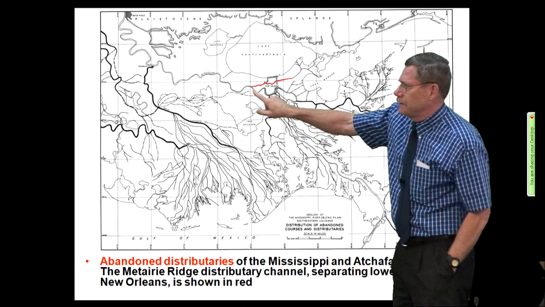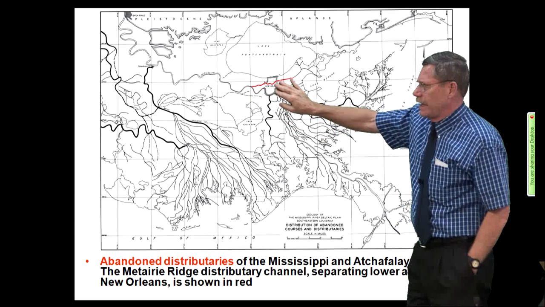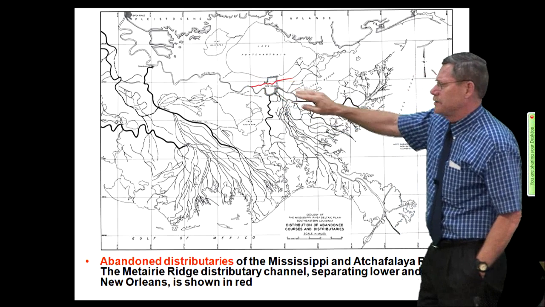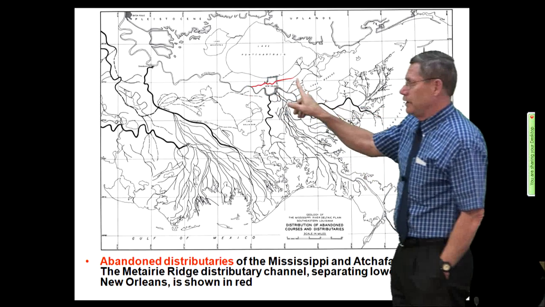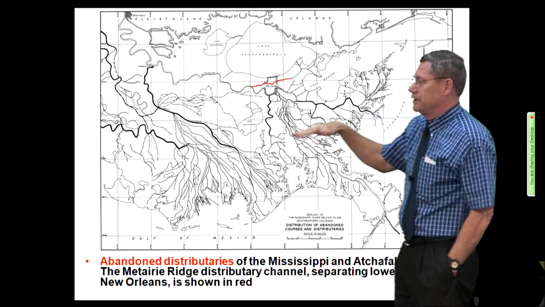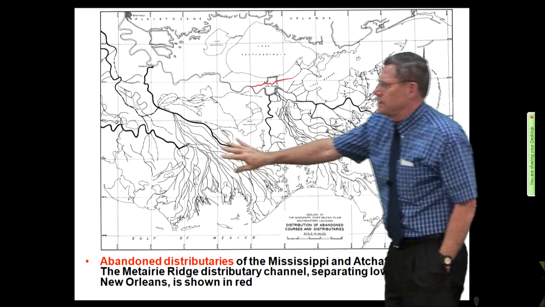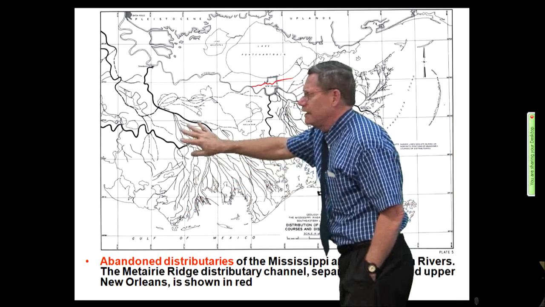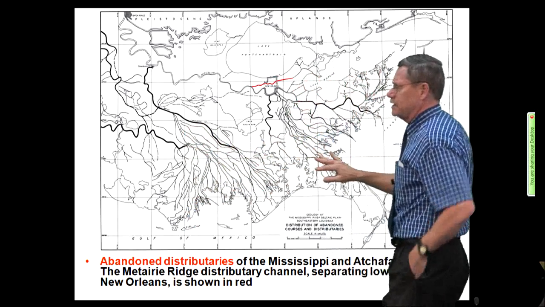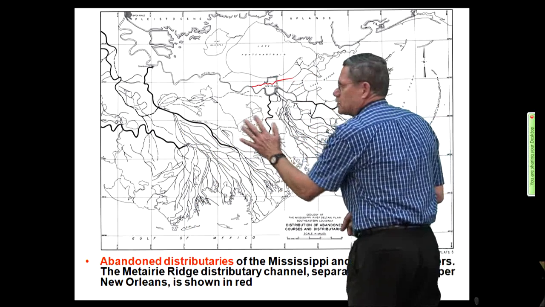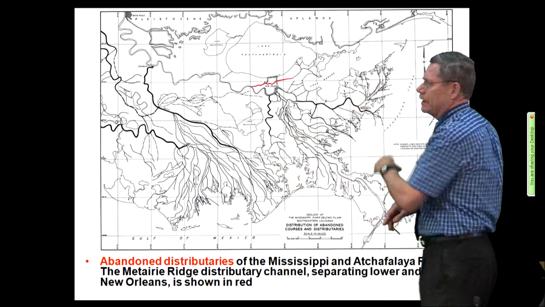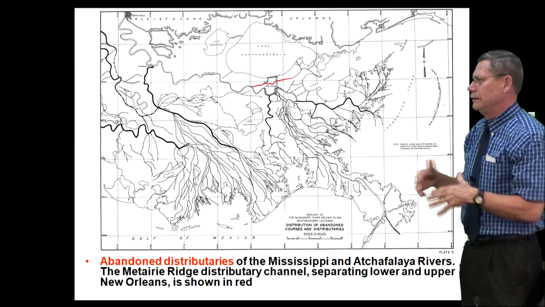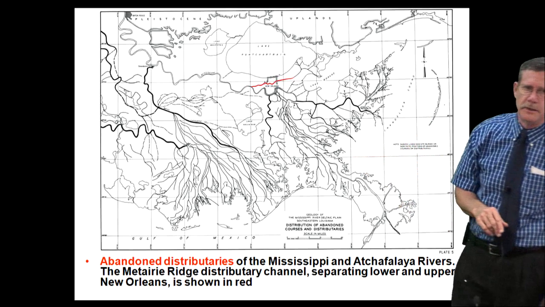So if you're lucky enough to live on the Metairie Ridge, when they have big flooding like Hurricane Katrina and Rita, you didn't get flooded out if you were along that ridge. You're up higher. So all of these ridges you see here are ground that's slightly higher because of sedimentation than the swamps between them. So the channels are the high ground, the swamps are the low ground.